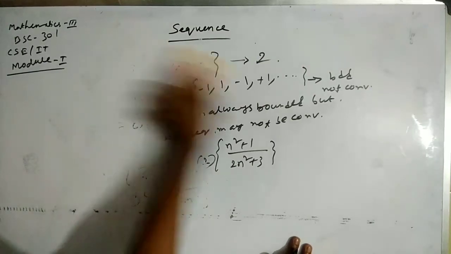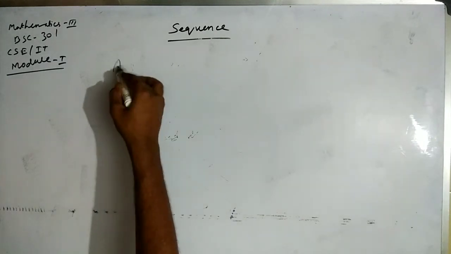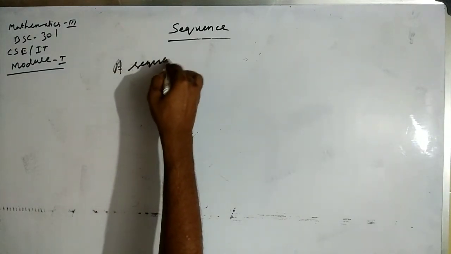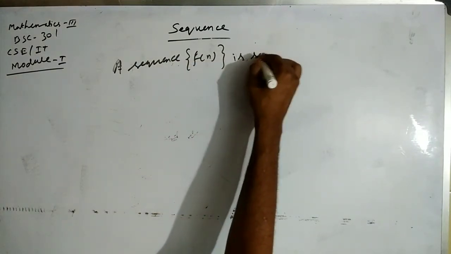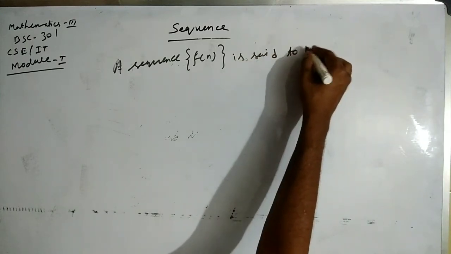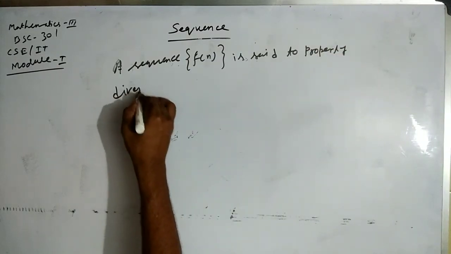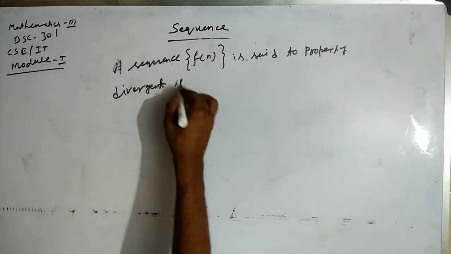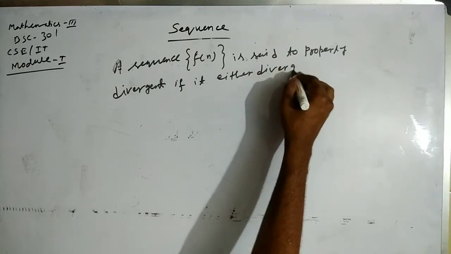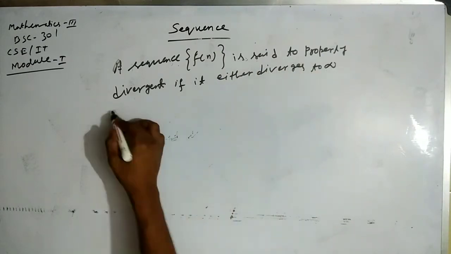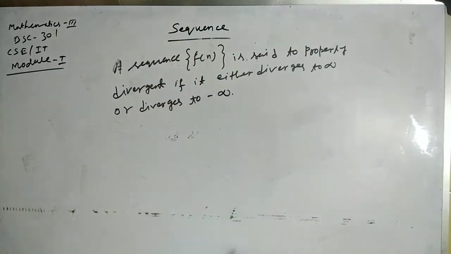Now the next definition I will tell you. A sequence f_n is said to be properly divergent if it either diverges to plus infinity or diverges to minus infinity.